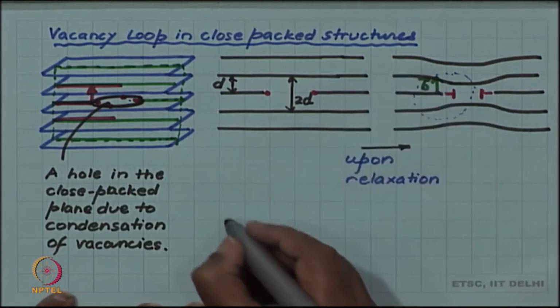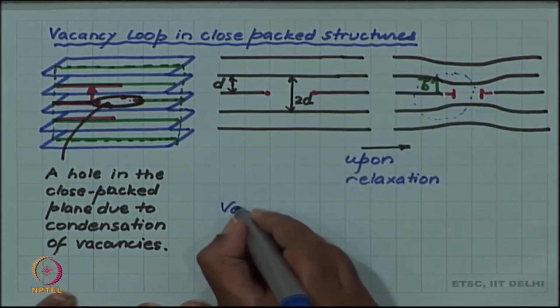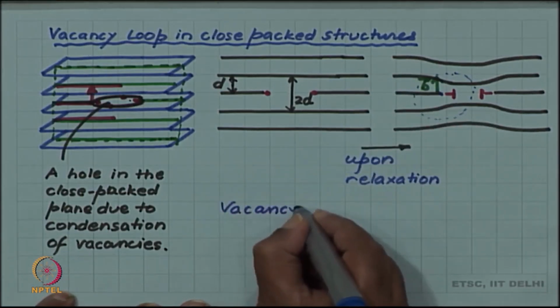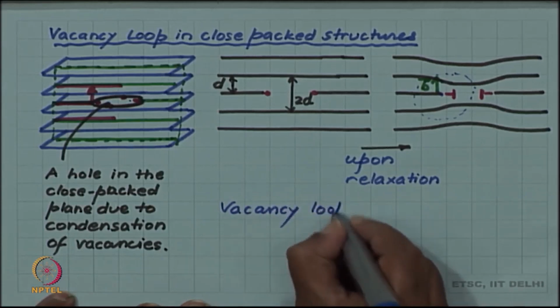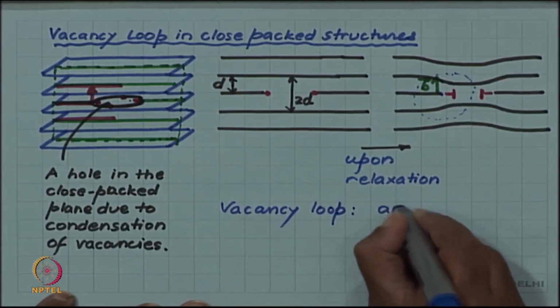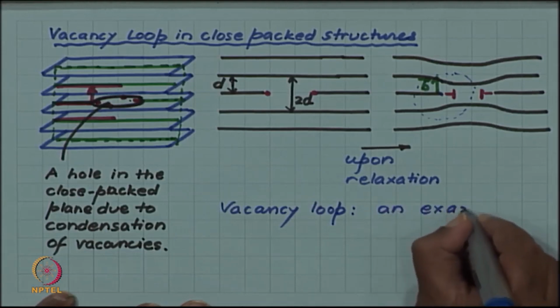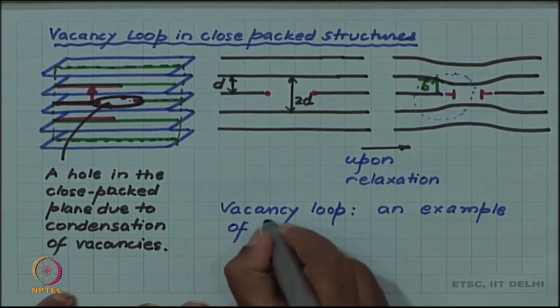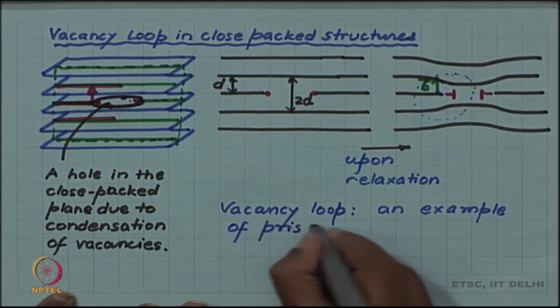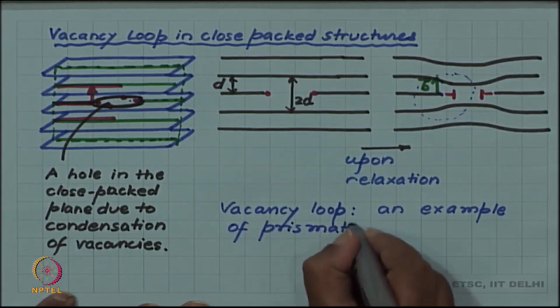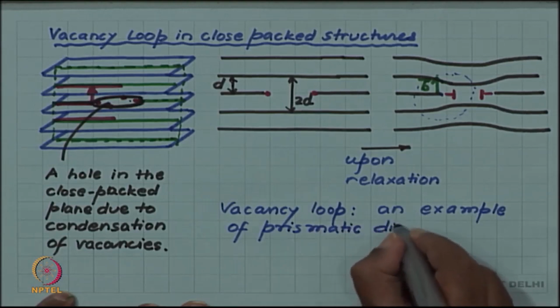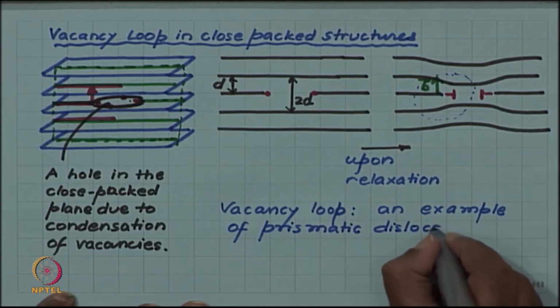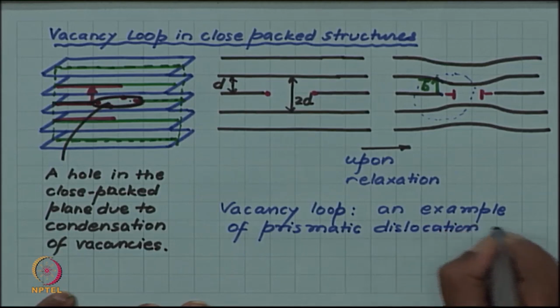So, a vacancy loop is an example of a prismatic dislocation loop.